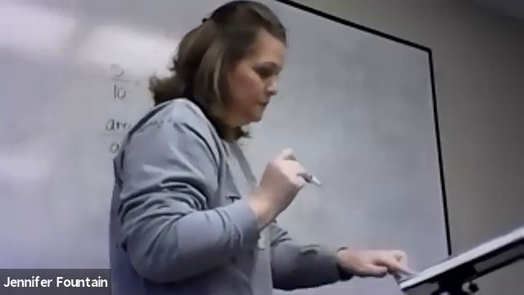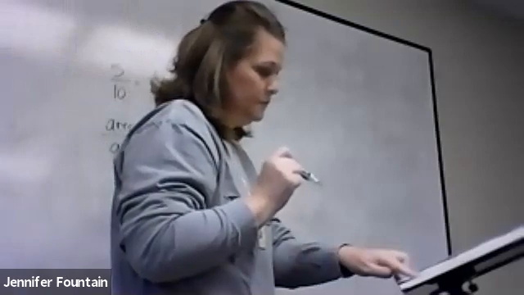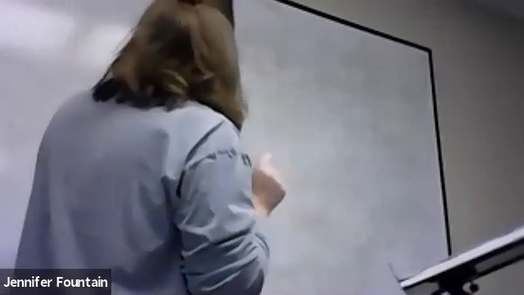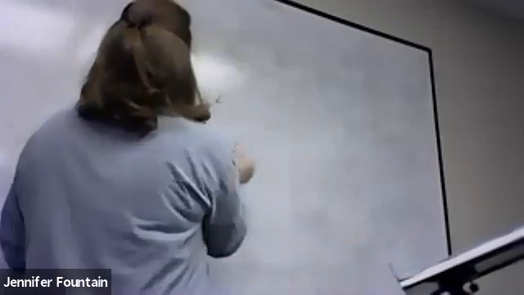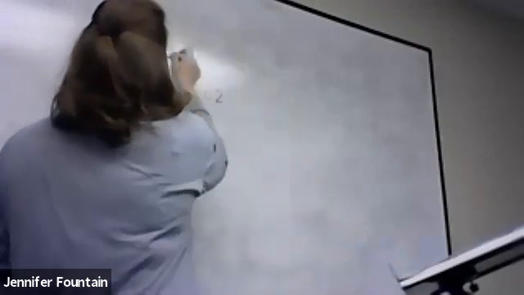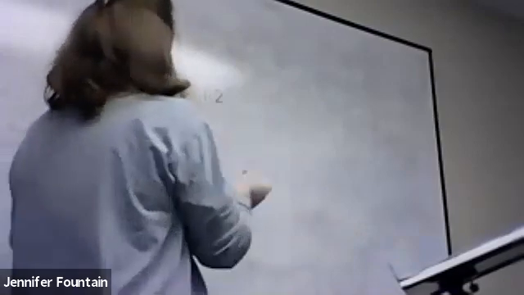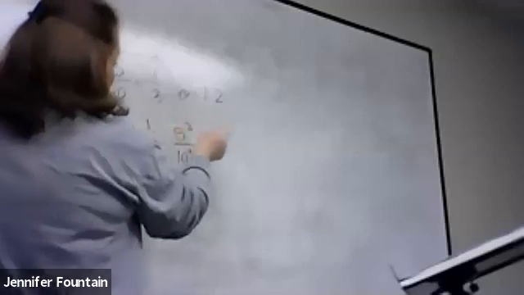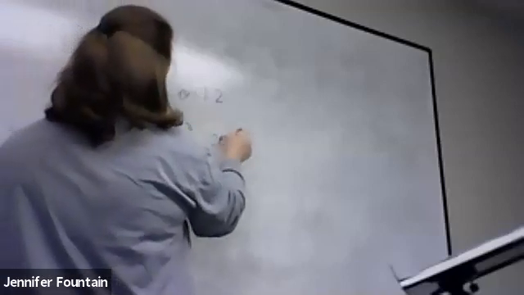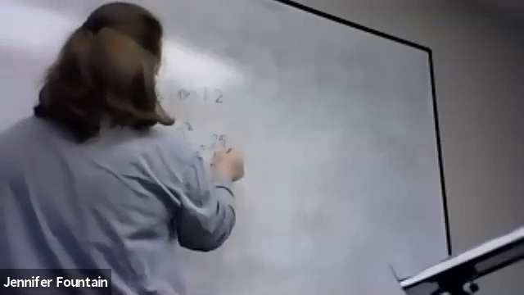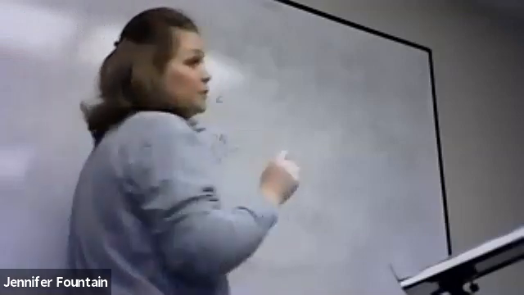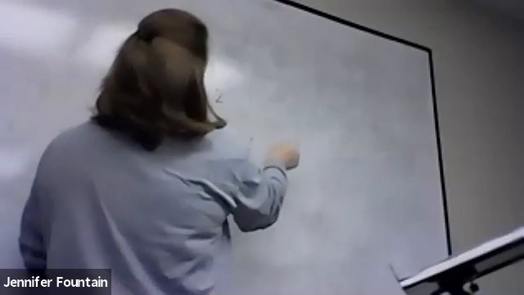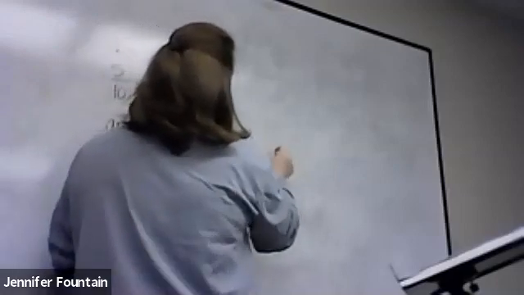We can either work with our reduced or our original ratio, but I'll go ahead and show you what it looks like if you just use your original. So 5 squared is what? 25. What is 10 squared? 100. What would that reduce to in simplest form? 1/4. So that's going to be 1 to 4.